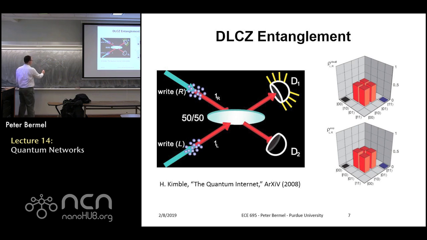The only ones that survive are going to be entangled states. So you get two states out of this Hong-Ou-Mandel experiment, one of which is reflection plus transmission, and the other is reflection minus transmission.